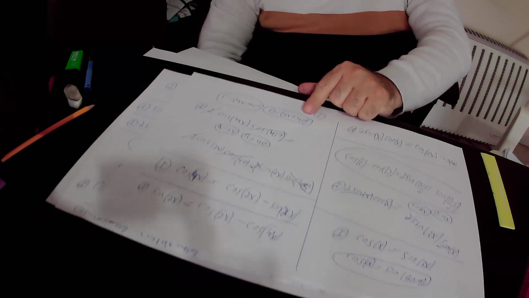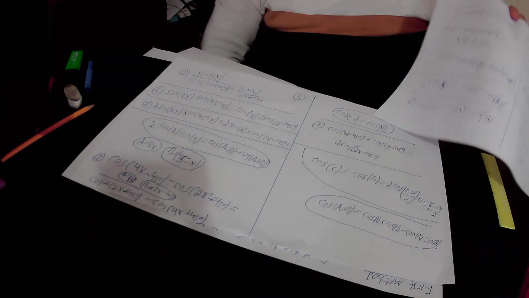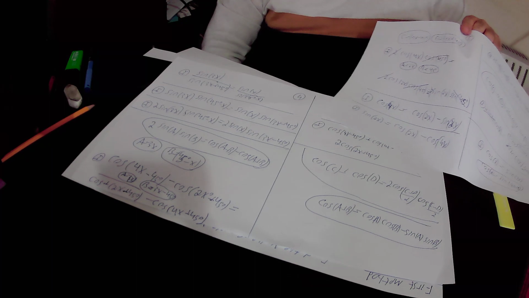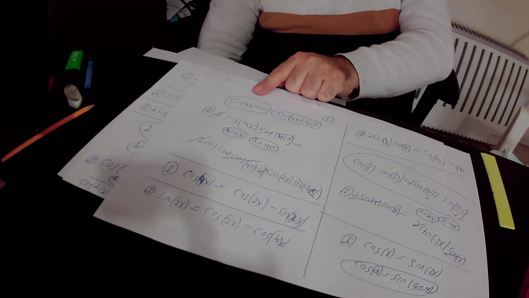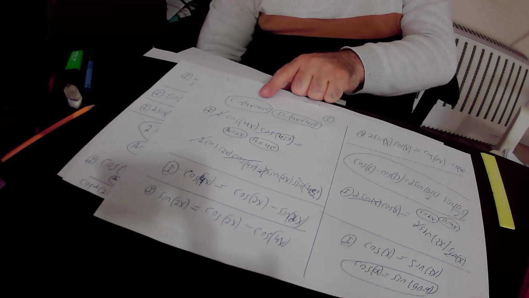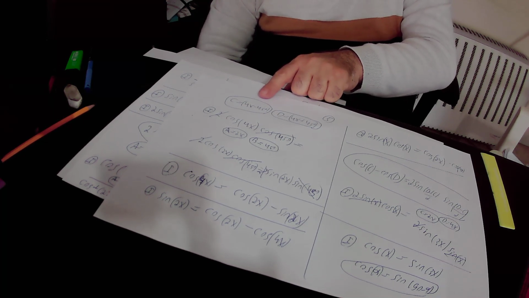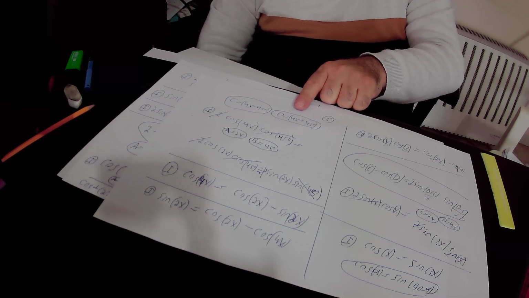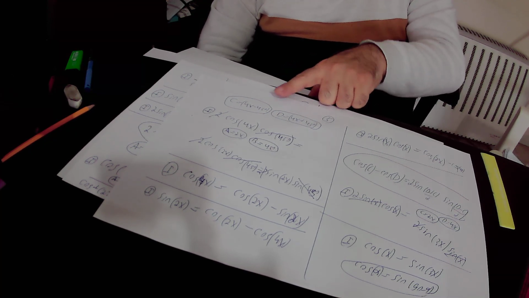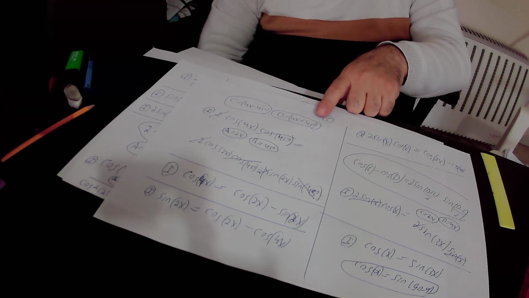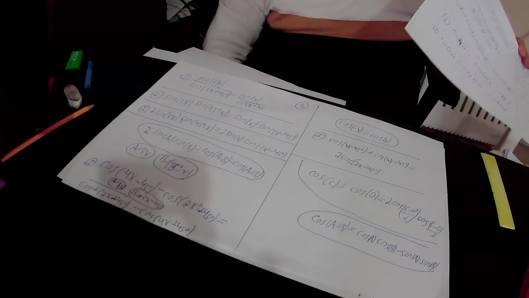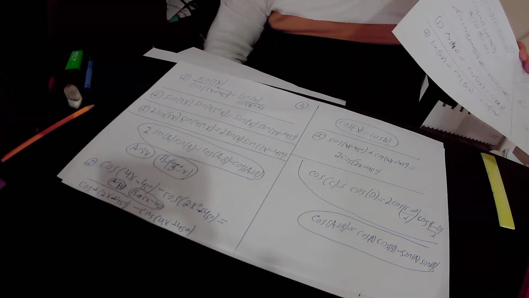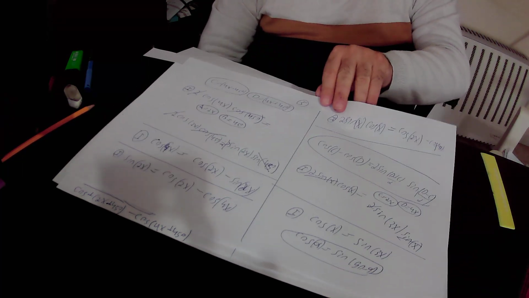So we have cosine c plus cosine d equals 2 cosine c plus d over 2. Here c plus d is 4x plus 4x, which is 8x, and 8x over 2 is 4x, and minus 45 degrees plus 45 degrees is 0. And we have also here times cosine c minus d over 2.